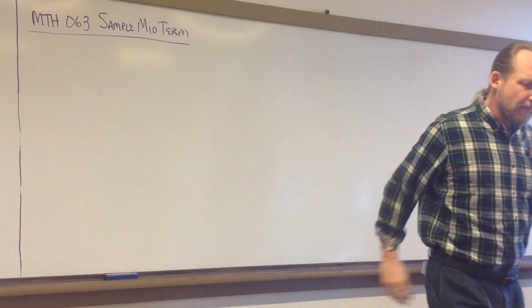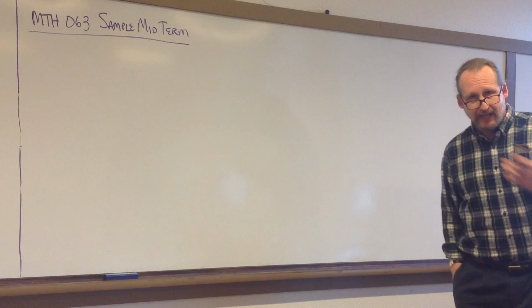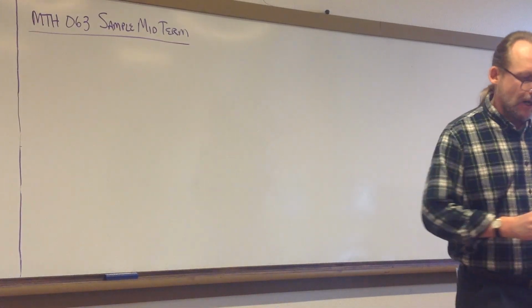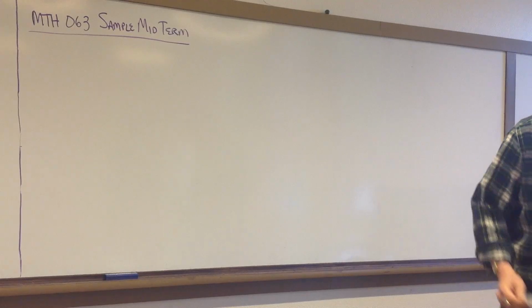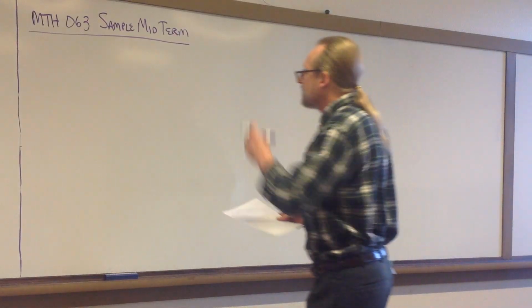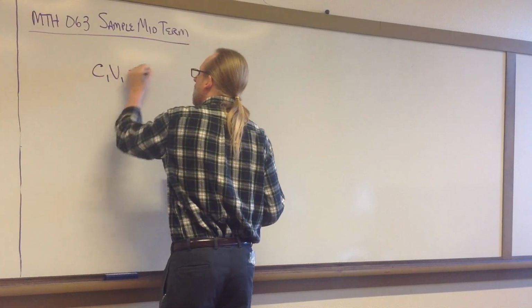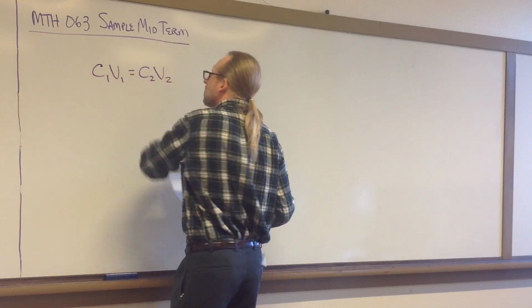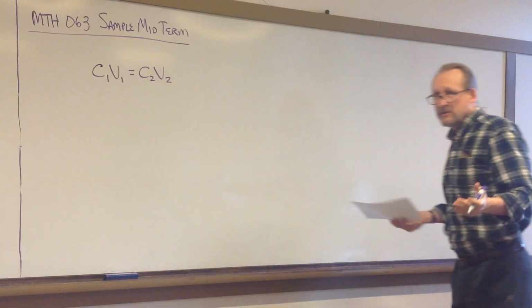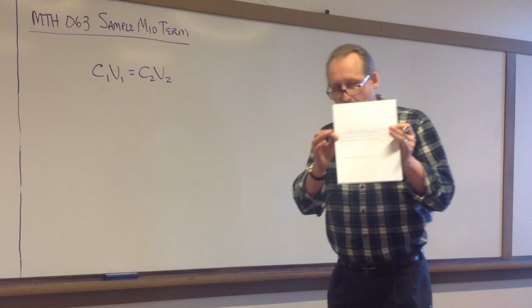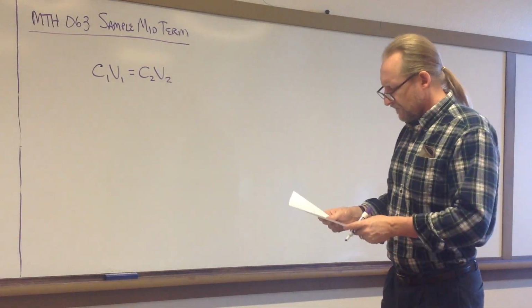We're going to take a certain amount of that solution and then dilute it with water to get what we need. This formula, C1V1 equals C2V2, tells us how to do that. I do include this formula on the test. You can put it on your note card if you'd like to, but it should be on the test just the same way that it's on the sample test.